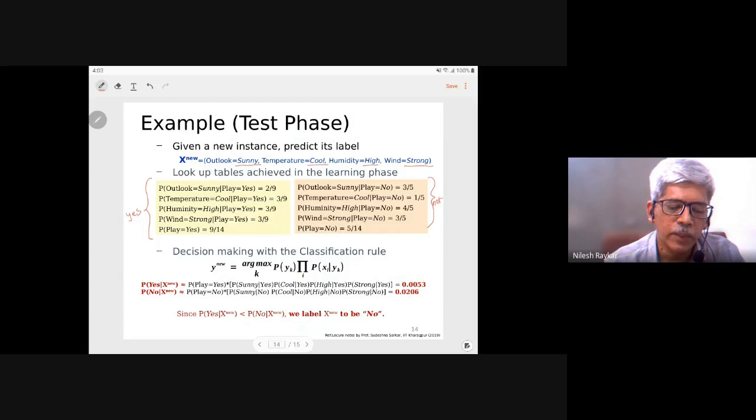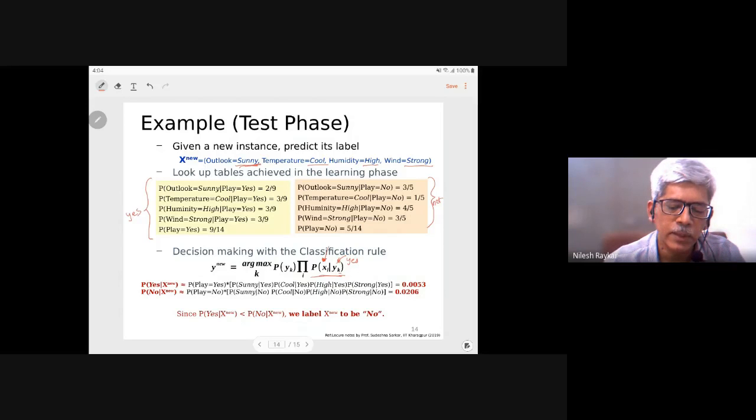What we require for making the decision is the product of probabilities when Y_K equals yes, that is playing tennis, for each of the individual parameters. So when the day is sunny and the parameter is yes, what is the probability?